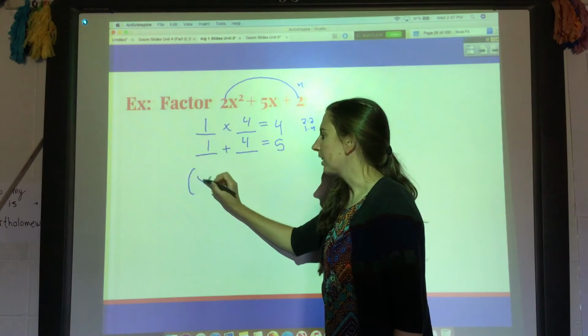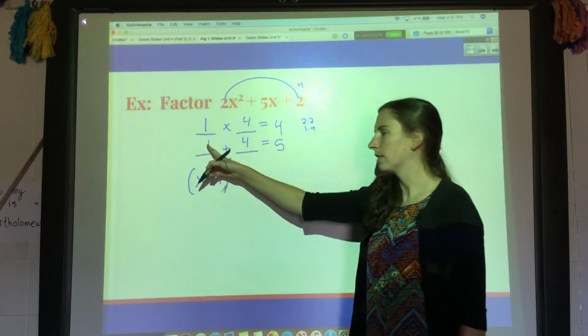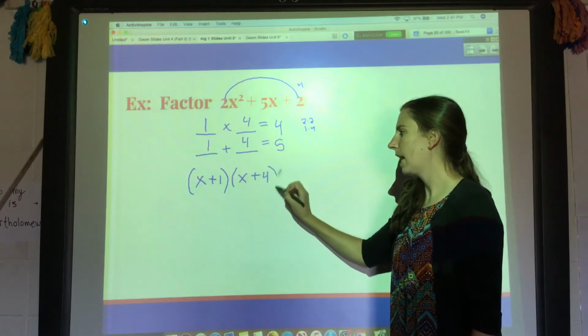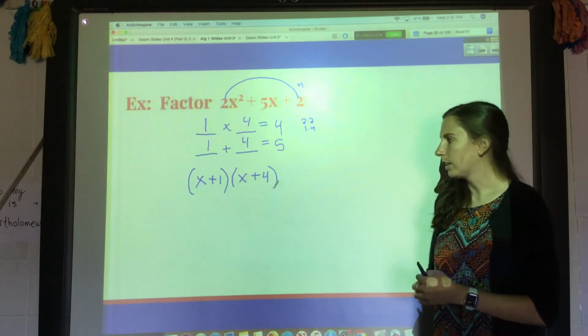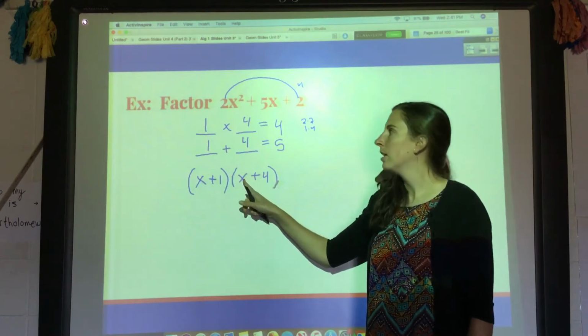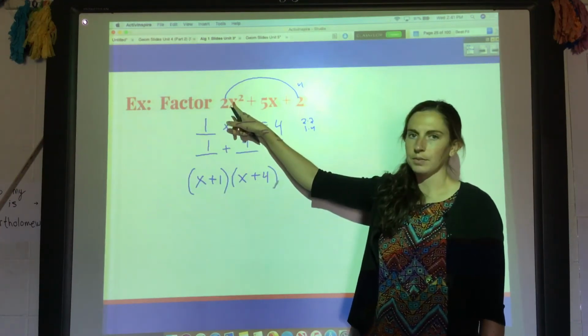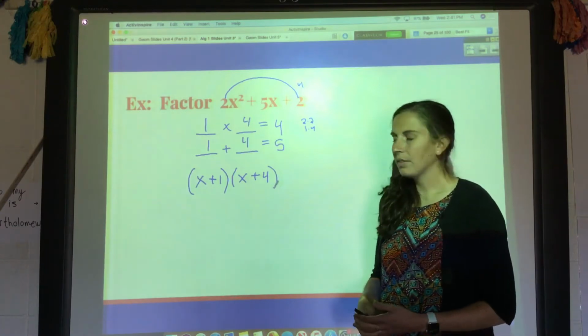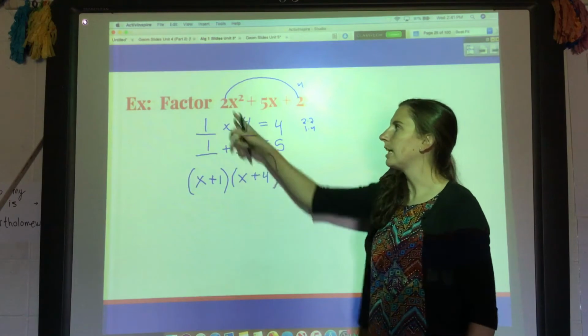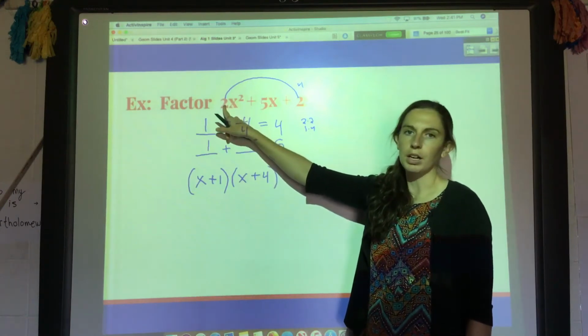So I'll fill in my factors, x plus 1 because of this, and x plus 4. However, you may notice when I multiply x times x, I get just x squared, not 2x squared. So I'm going to have to do one more step, and this step only applies if the leading coefficient is not a 1.